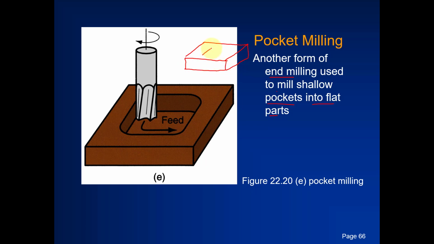And if you want to create a pocket like this as shown, so definitely you will use end milling, and you will have to move the cutting tool in this direction again and again until the required pocket is produced in the surface. So that type of milling operation is known as pocket milling, and pocket milling is again a type of face milling in which the axis of the cutting tool is perpendicular to the surface.